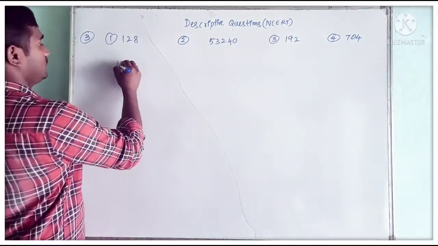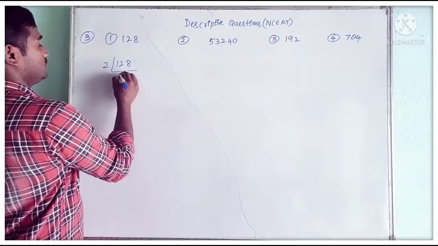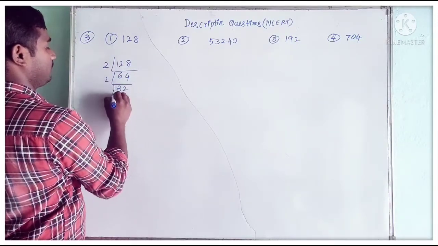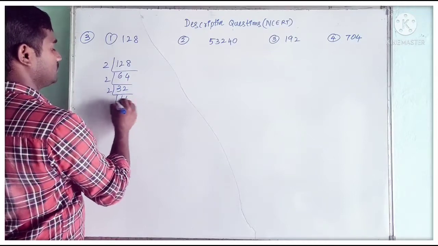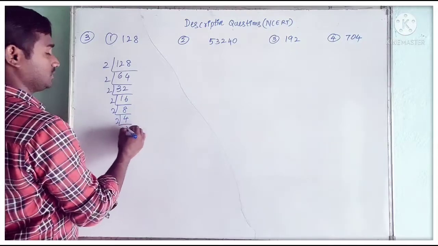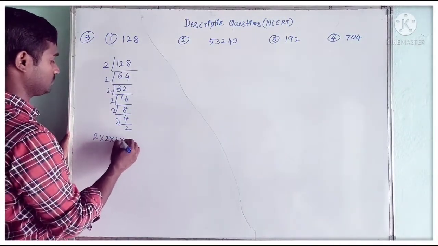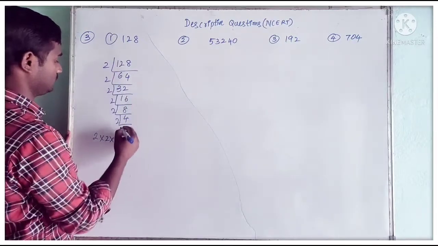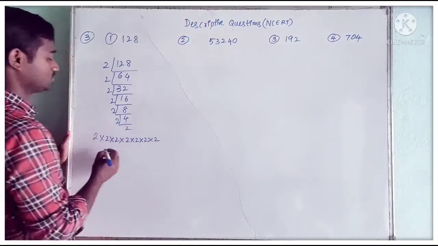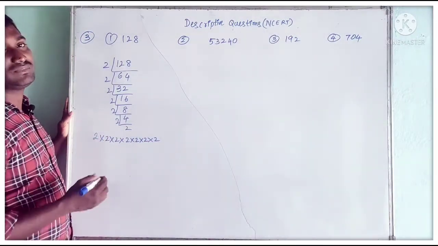See, 128 we can divide. 2 sixty-fours, 2 thirty-twos, 2 sixteens, 2 eights, 2 fours, 2 twos. So write down here: 2 into 2 into 2 into 2 into 2 into 2 into 2. Make groups for every 3 similar factors.